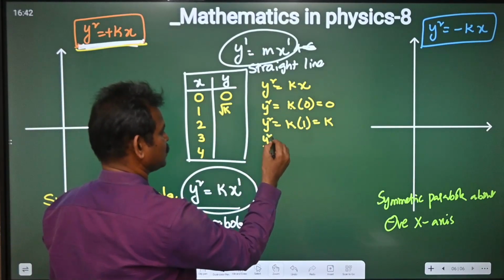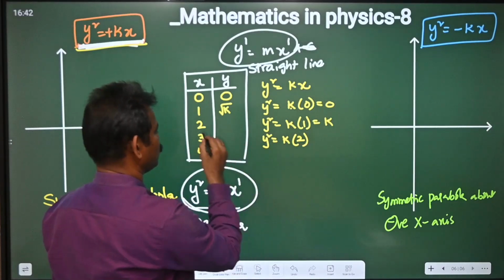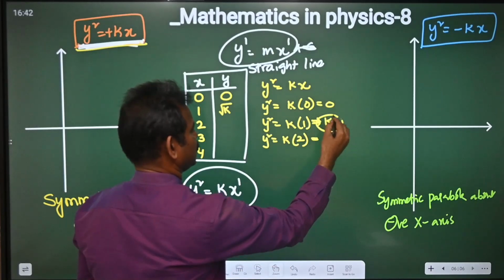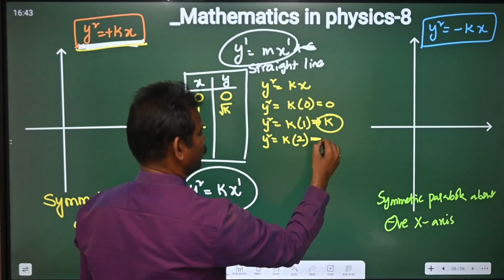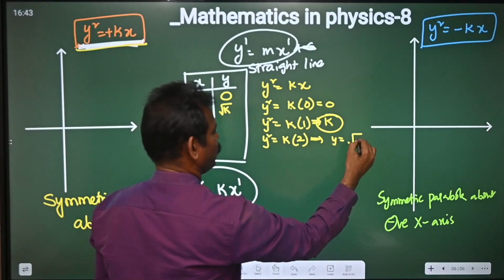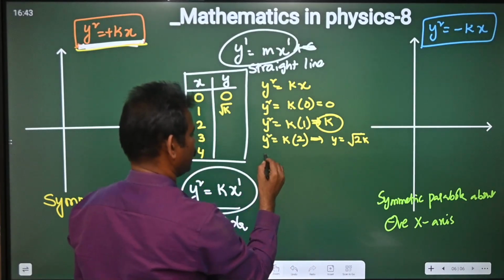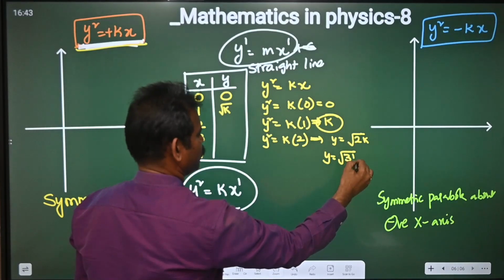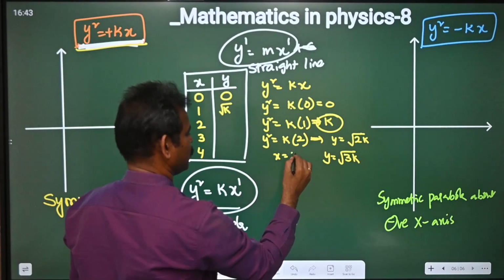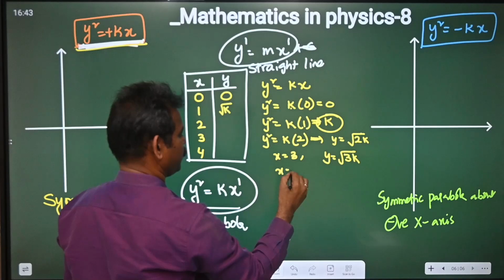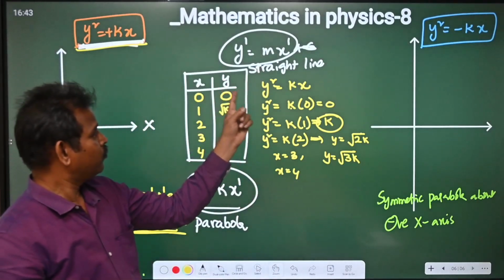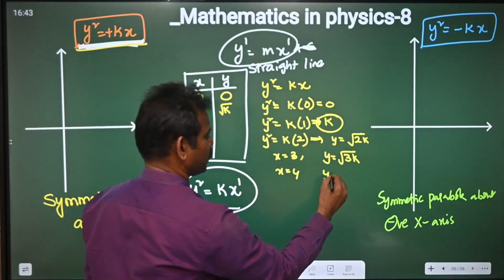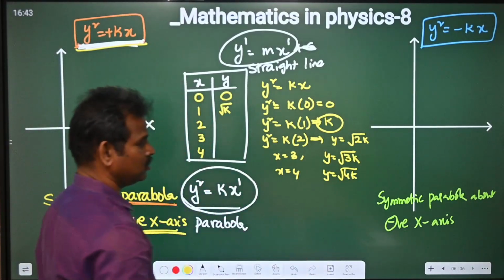If x is equal to 2, y square is equal to k into 2, so y value will become root 2k. If x is equal to 3, y is equal to root 3k. If x is equal to 4, y square is equal to 4k and y is equal to root 4k.